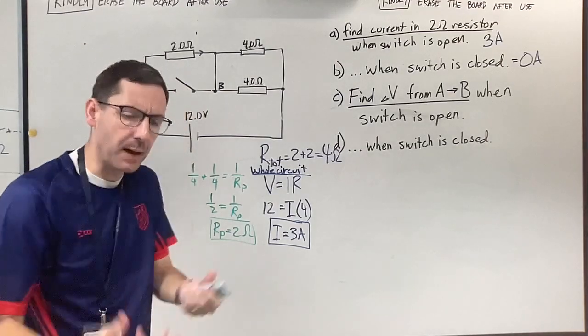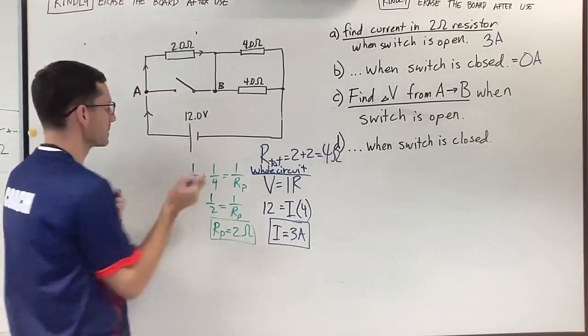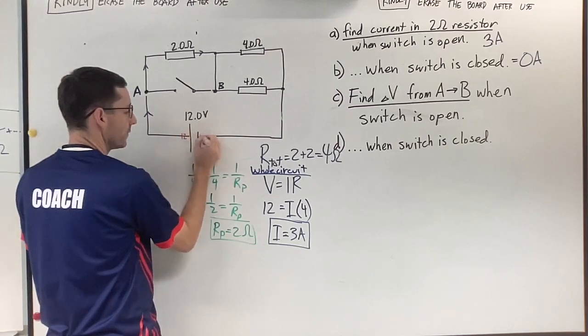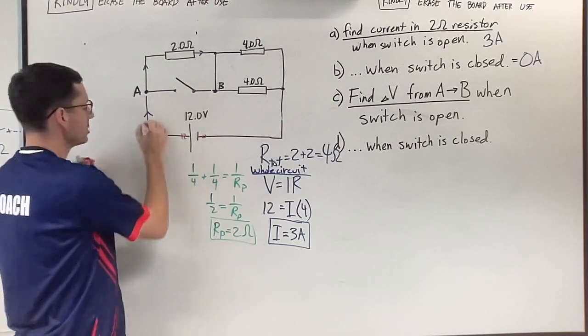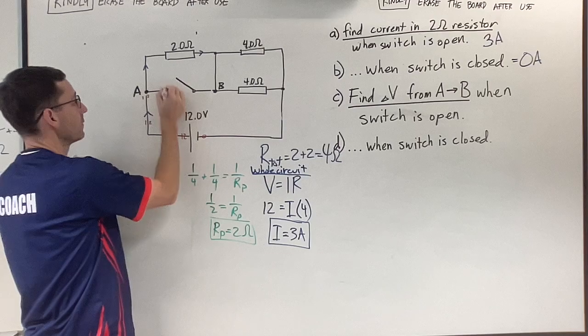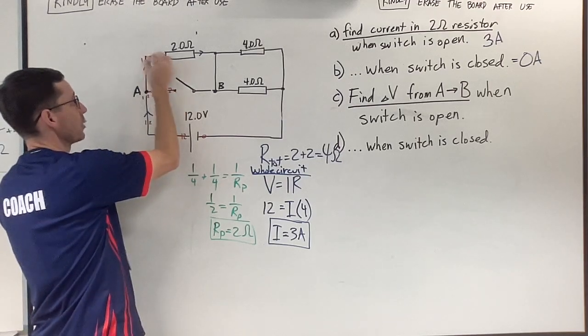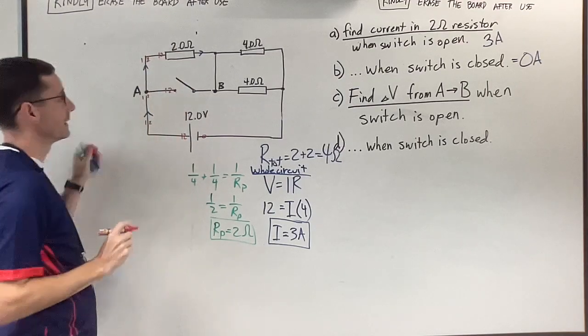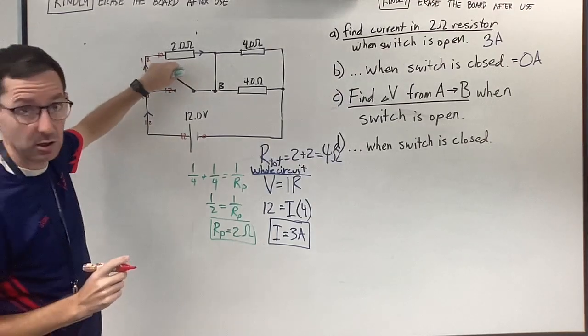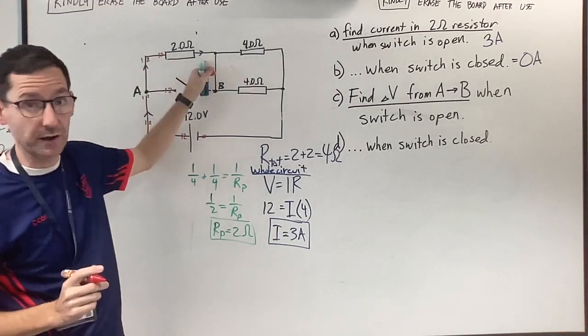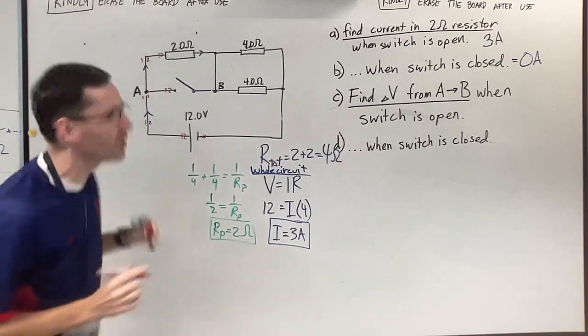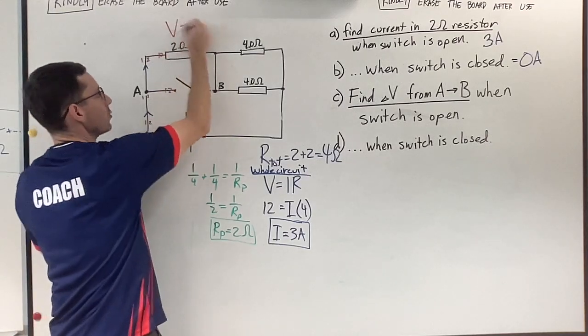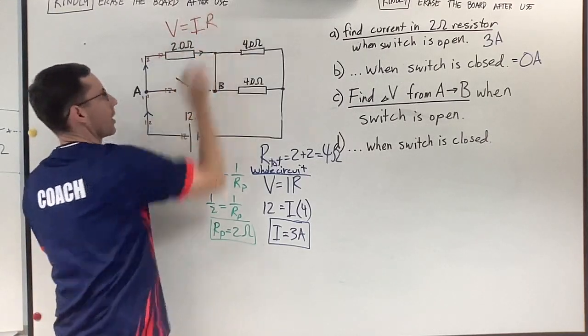Well, if we think about the model that I described in class, right? This would be 12. That would be 0. So this is 12. This is 12. That's 12. That's 12. This is 12. Now, when I get to the resistor, I'm going to lose some potential there. How much? Well, V equals IR.